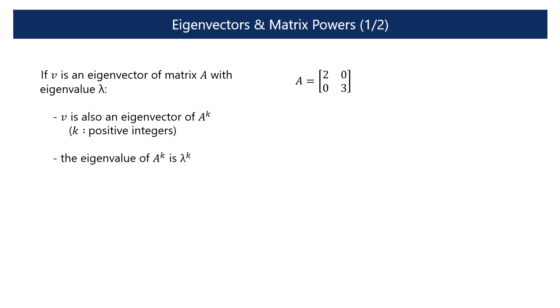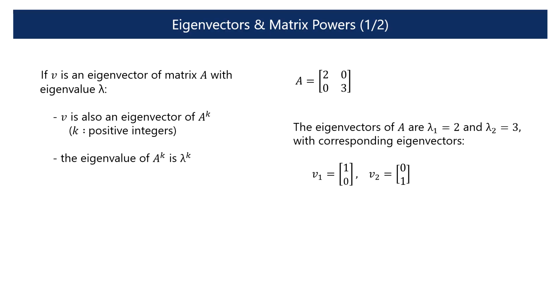Let's confirm this using a simple example. Consider this matrix A. The eigenvalues of A are lambda 1 equals 2 and lambda 2 equals 3, with the following corresponding eigenvectors.